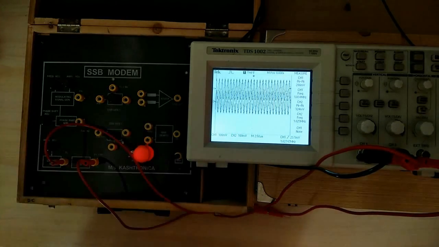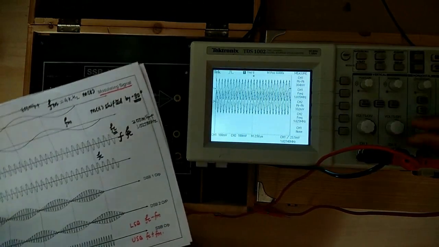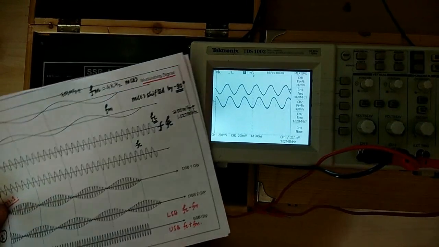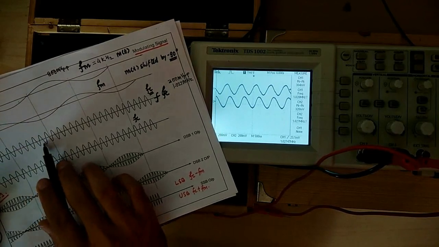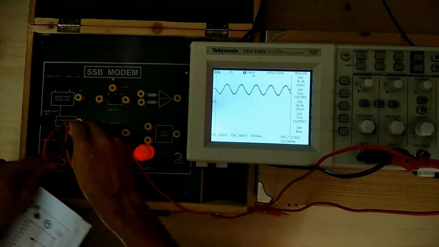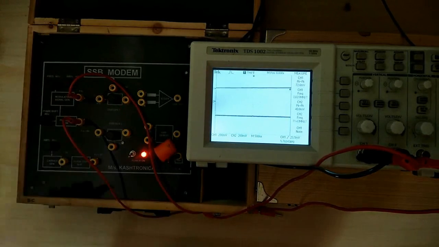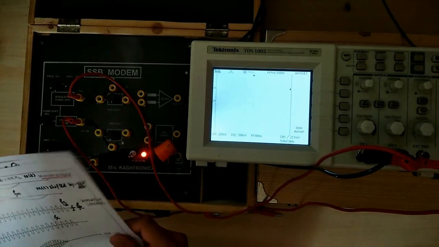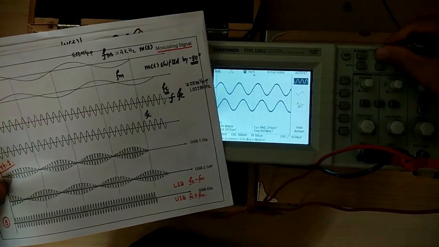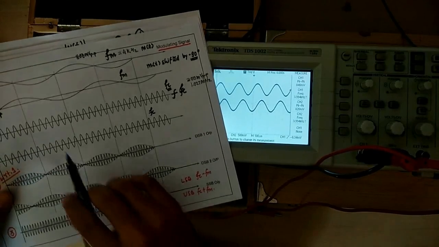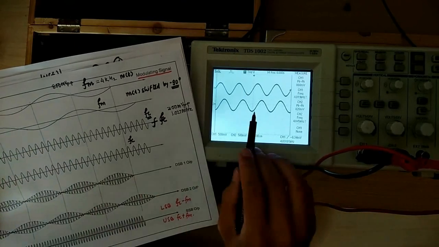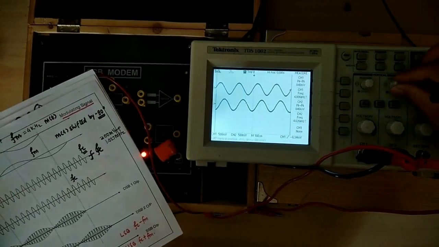So we can see this here also. This is the carrier signal, and the minus 90-degree shifted carrier signal. If you take this message, this is the message signal, and this is the minus 90-degree phase shifted message signal.